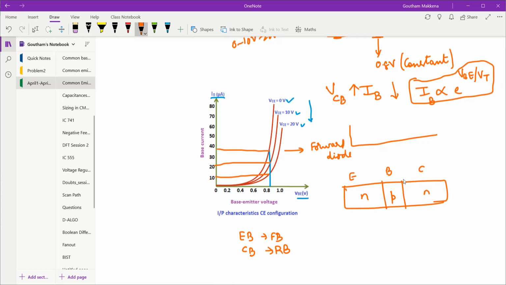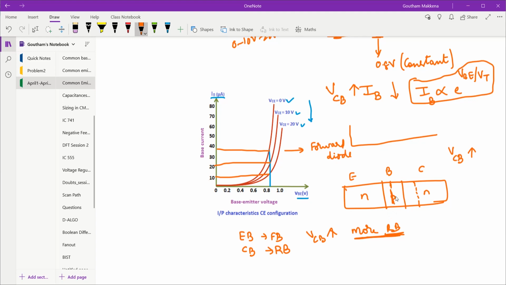When VCB is increased, the collector base junction becomes more reverse biased. That means the depletion region width of the collector base junction is even more. Remember, as the reverse bias increases, the depletion region width also increases.